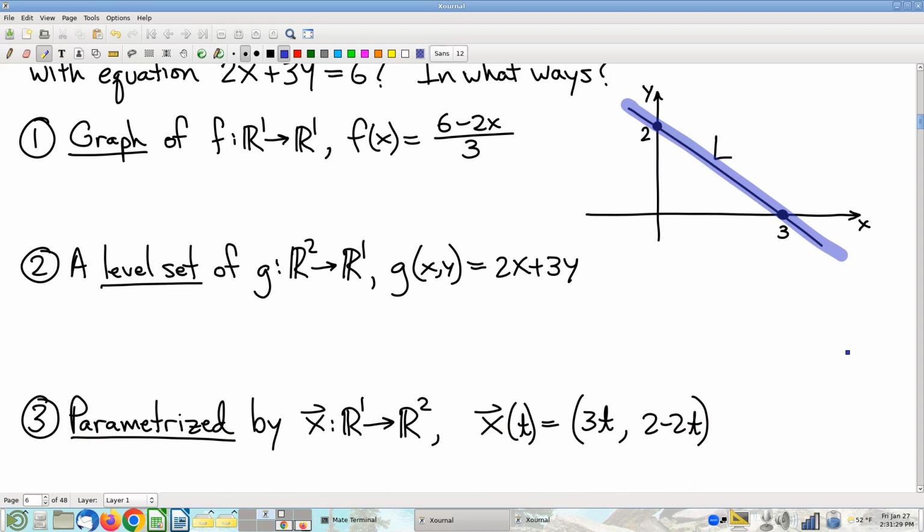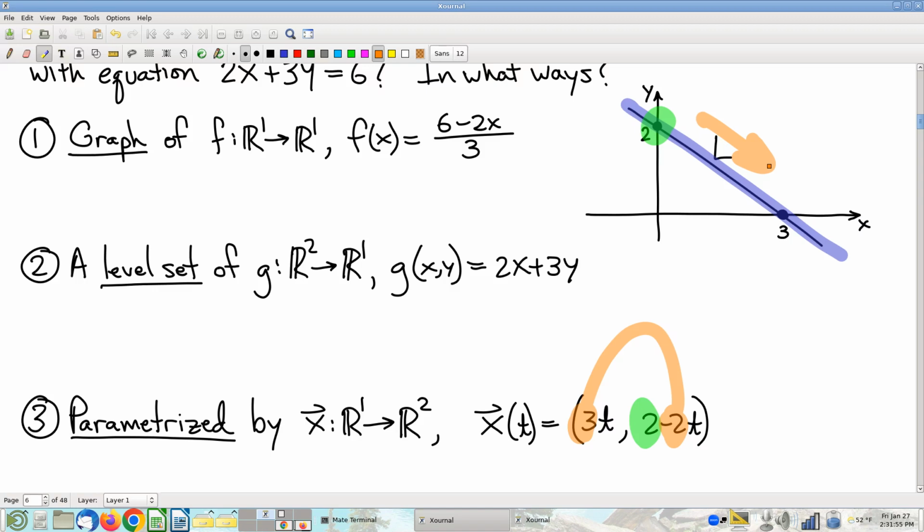Right? So let's think about what we have right here. Look at this thing right here. And you can see that there's a 0, 2 in there. And then I have t times 3, negative 2, which is that vector. And this is literally a parameterization of the line.